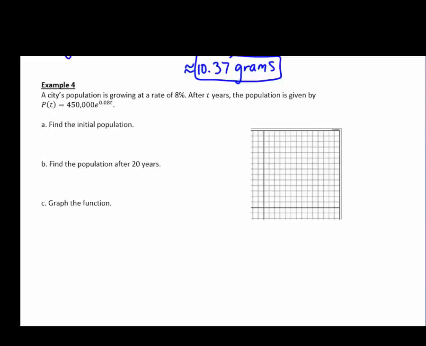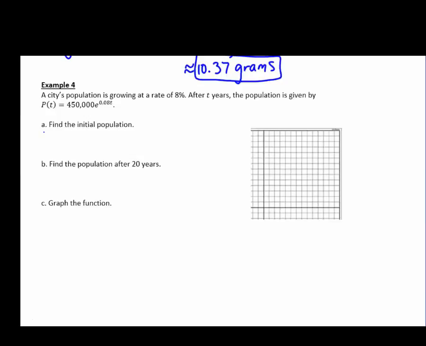In example number 4, a city's population is growing at a rate of 8%. After T years, the population is given by P of T equals 450,000 times e to the power of 0.08T. Notice that that 0.08 is the rate of growth. Okay, so we want to find the initial population.